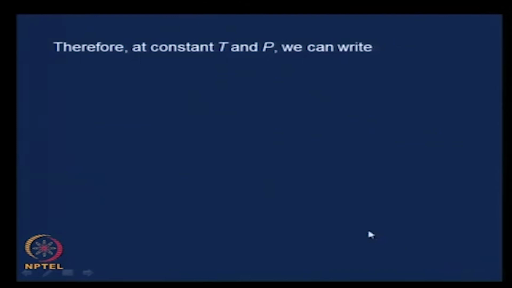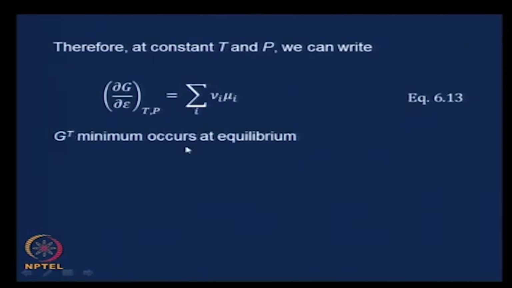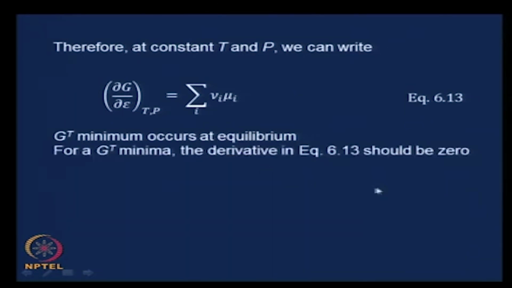Therefore, at constant temperature and pressure, we can write the partial derivative of G with respect to epsilon at constant T and P equals the sum over i of nu_i mu_i. That is equation 6.13. We know that G_t minimum occurs at equilibrium, and for a minimum to occur, the derivative given here must be equal to 0.